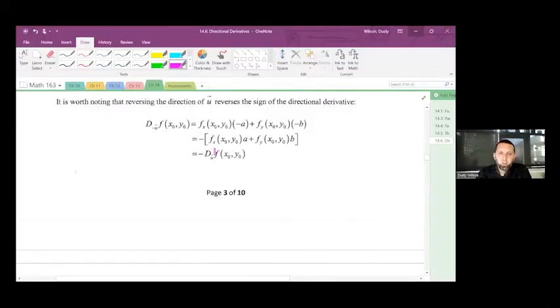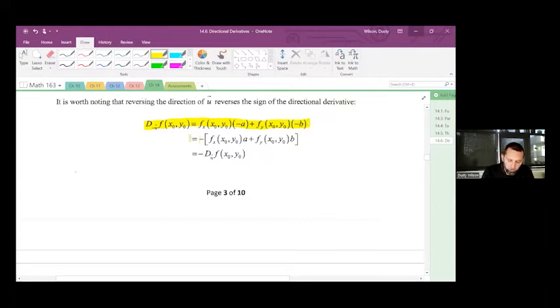It is worth noting that reversing the direction of u reverses the sign of the directional derivative. That is, the directional derivative of f at x naught, y naught in the direction of negative u equals the partial derivative of f with respect to x at x naught, y naught times negative a, plus the partial derivative of f with respect to y at x naught, y naught times negative b.